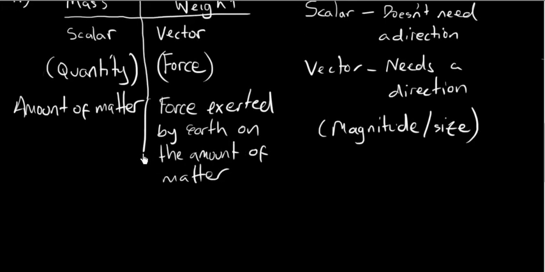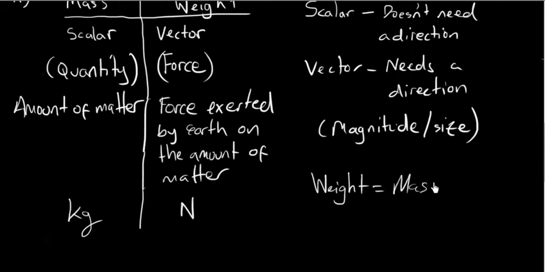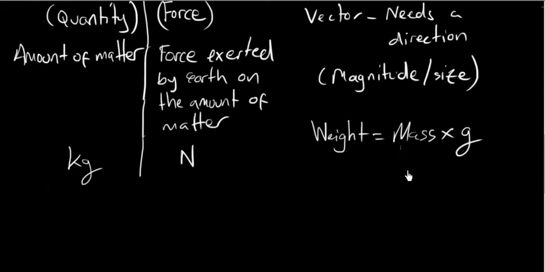Right? So hopefully that makes sense. And the units of mass are obviously kilograms, and the units of weight are newtons, right? And if you want to go from one to the other, you use this formula here, which says that weight is equal to your mass times g, where g is a gravitational constant for the earth, otherwise known as 10 meters per second squared.